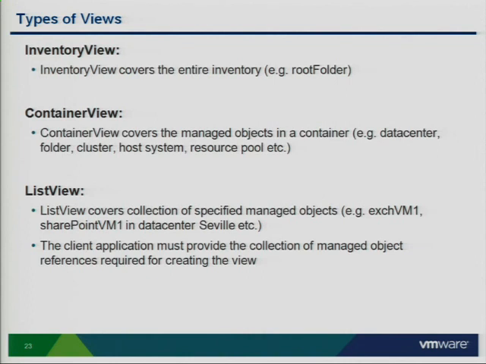So you get the MORFs of all those 10 objects and you create a list view. So what you're doing is you get a bunch of MORFs for a bunch of objects and you're asking VC, here are the objects, create a view for me. So from now onwards, whenever I ask for properties for any objects within that view, just get me from that view.